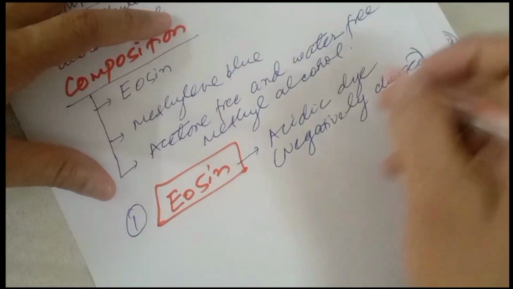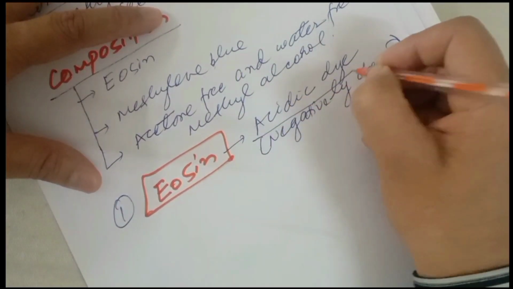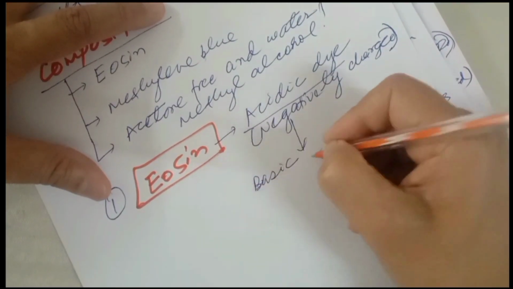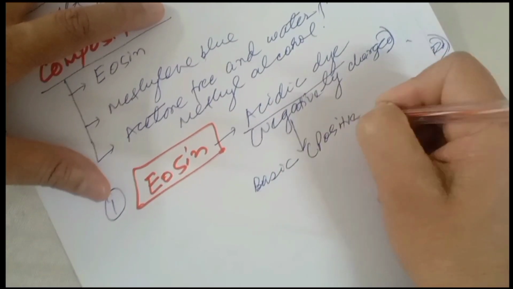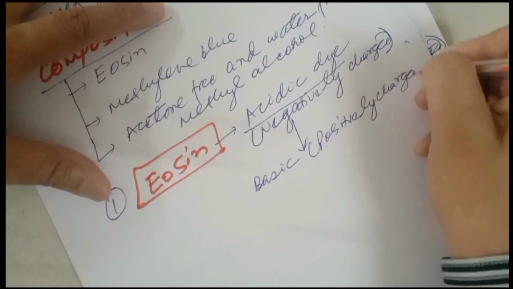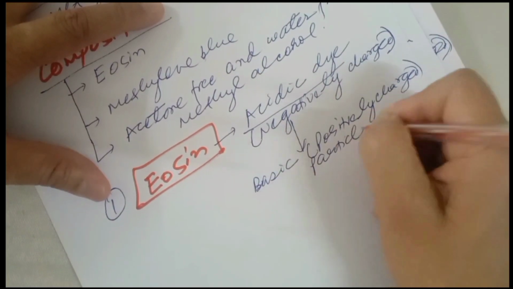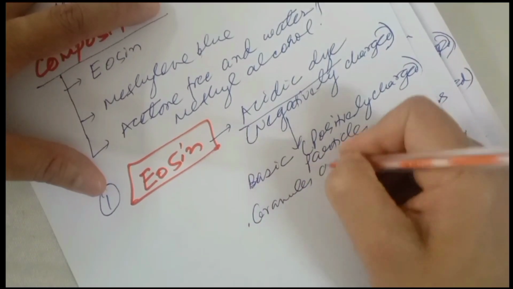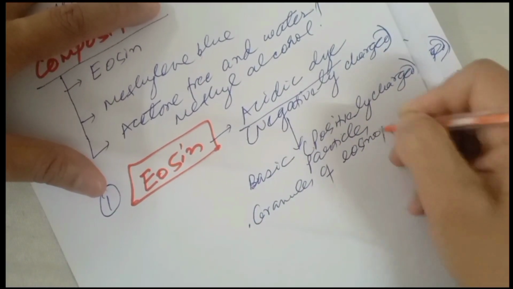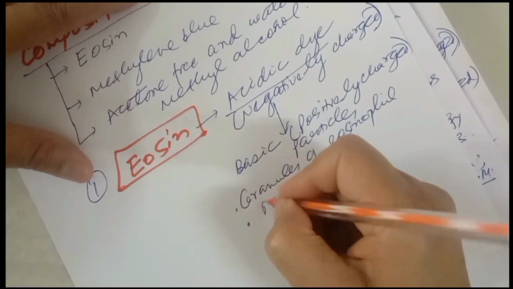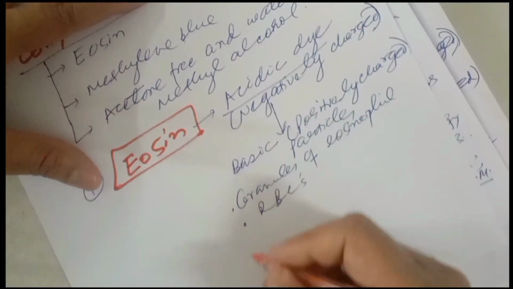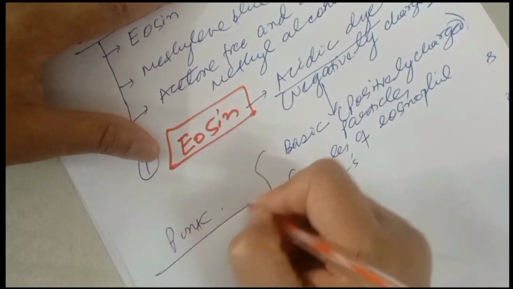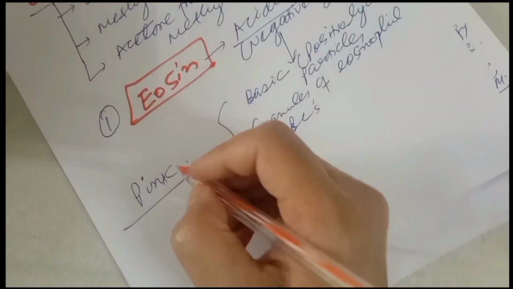As it is an acidic dye, it will stain the basic or positively charged particles, like the granules of eosinophil and also the RBCs, and it imparts pink color. It imparts pink color to the smear, right?